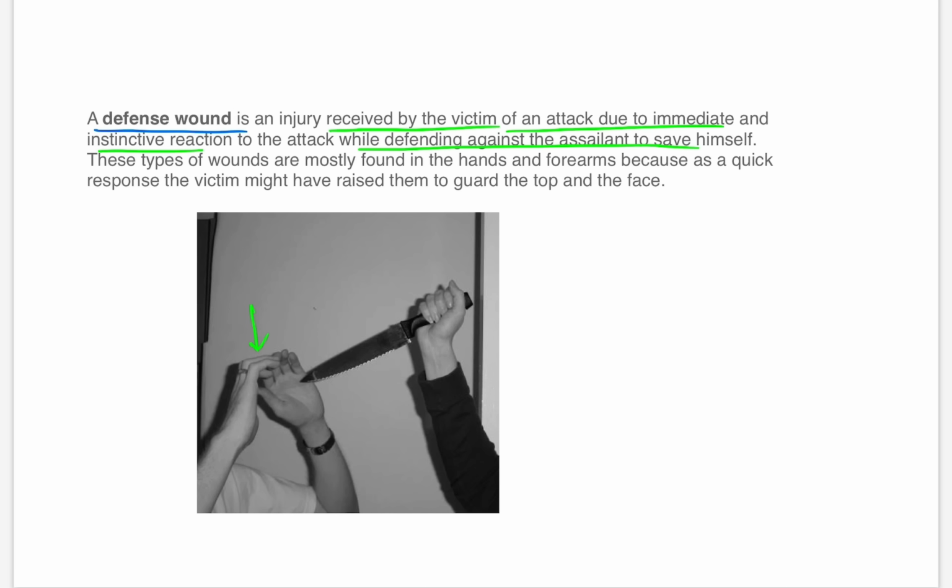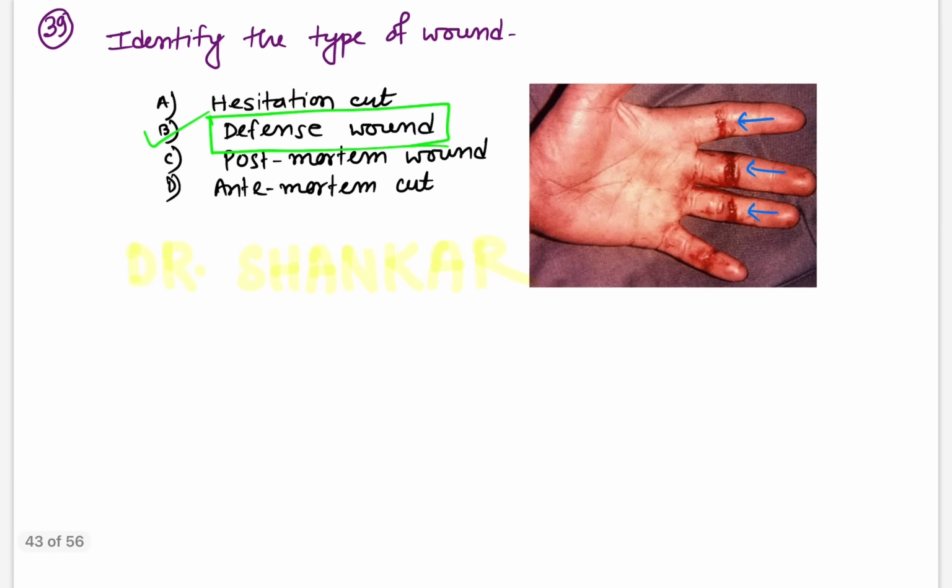This type of wound is mostly found in the hands and forearms because, as a quick response, the victim might have raised them to guard the top and the face. See here, the victim has raised his hand to protect himself or herself, that will cause injury over the hand. So this is nothing but the defense zone.